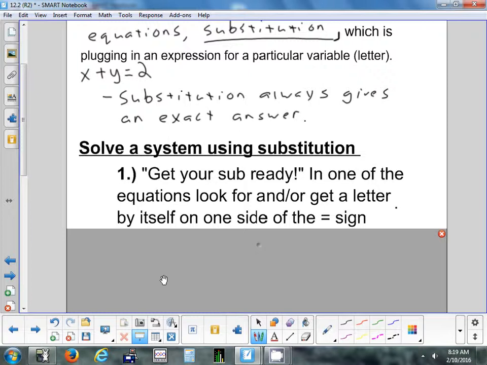All I would do is subtract x, then I'd have y equals 2 minus x. Y is by itself, all set to go. Or you could have done it the other way too. You could have subtracted y, did 2 minus y, and you still have a variable by itself. So it doesn't matter which one you use.